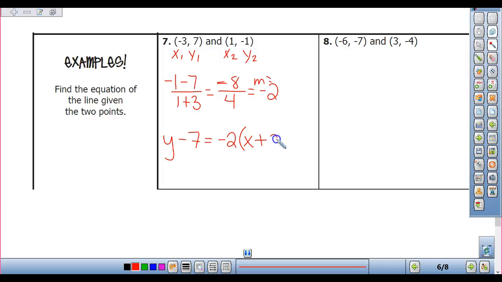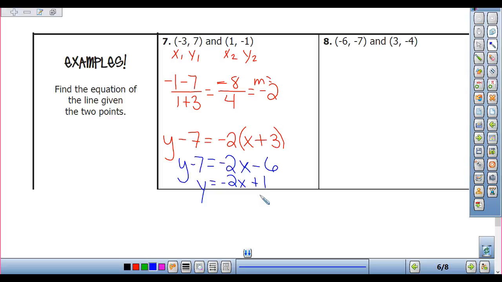Then it's just like what we were doing. What do I have to do? I have to distribute. So y minus 7 equals negative 2x minus 6. Add your 7. So y equals negative 2x plus 1. You got that? Yep.